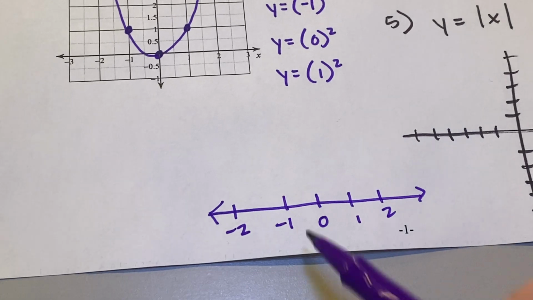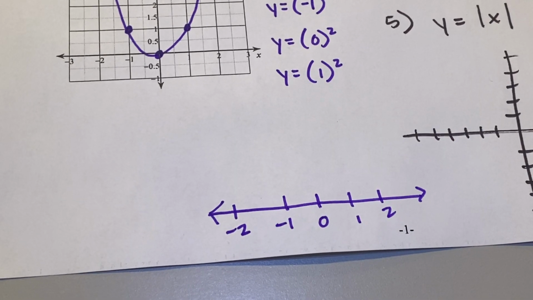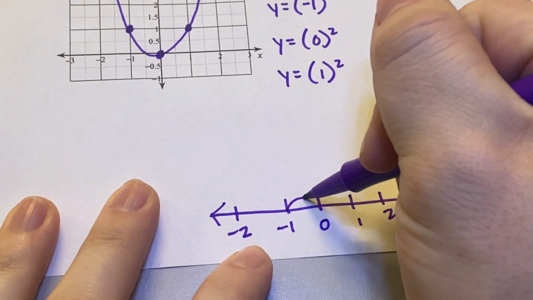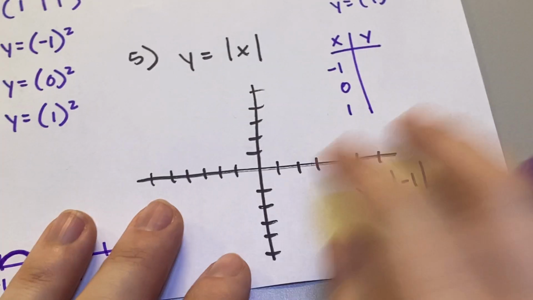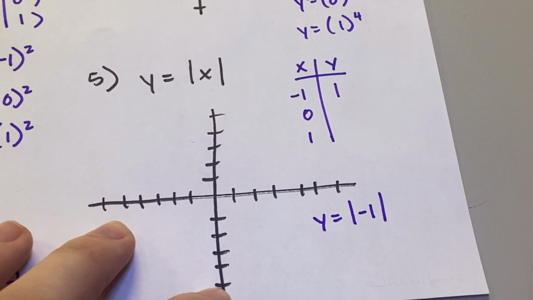If I'm looking at -1, the absolute value is saying how far from 0 is -1. How many spaces? Just 1. It's 1 space away from 0.